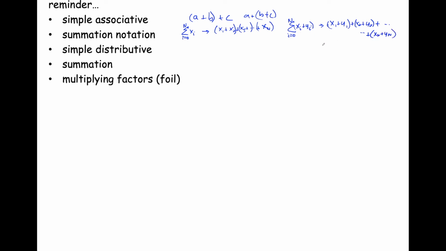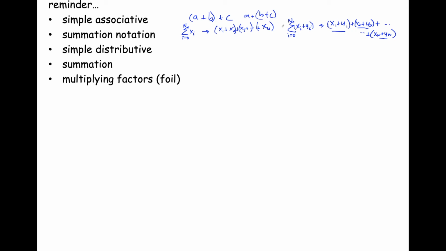Now, here, we're associating the sum of the x and y first, and then we're taking that result and summing them together. So here's the x1 and y1, here's the x2 and y2, xn, yn, take those sums, and then take that sum, add it to that sum, to that sum.